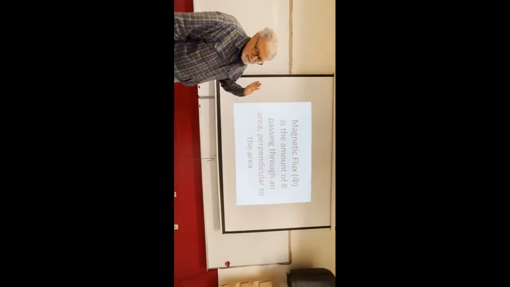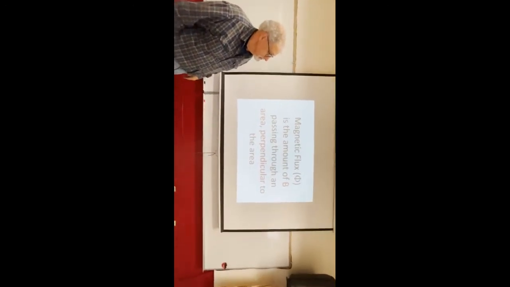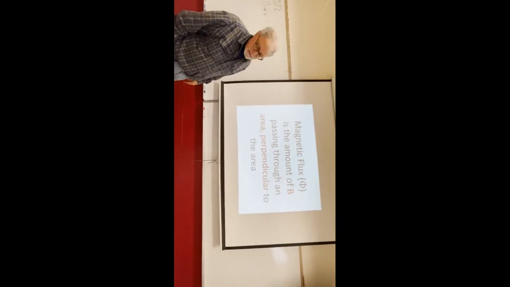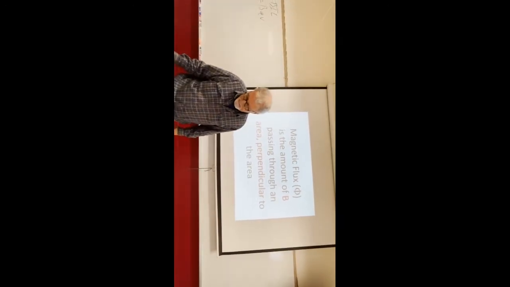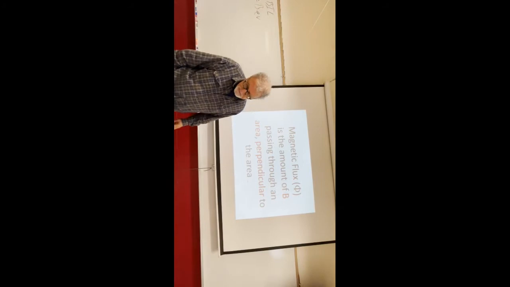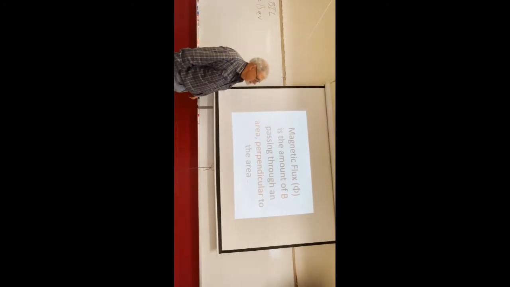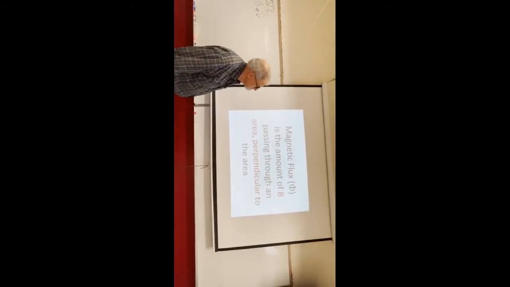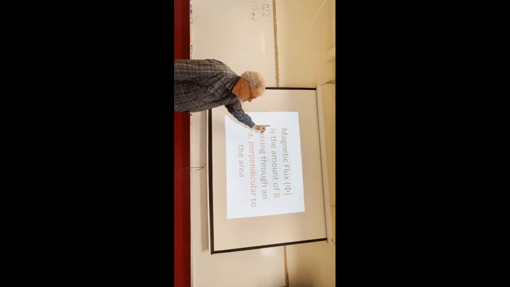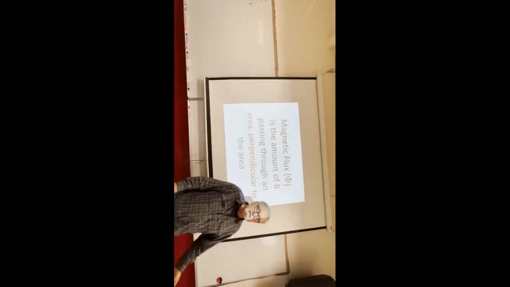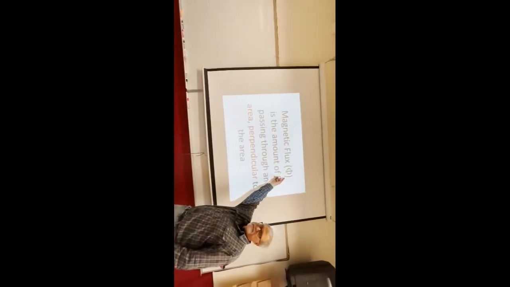Magnetic flux. Flux comes from the term flow, and is the amount of magnetic field passing through an area perpendicular to the area. The symbol for the magnetic flux is the Greek letter phi.